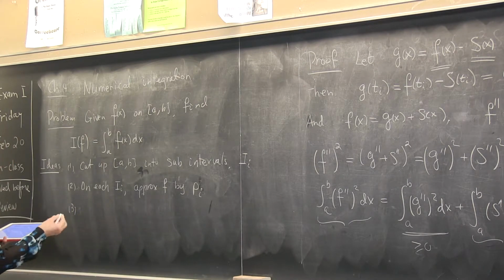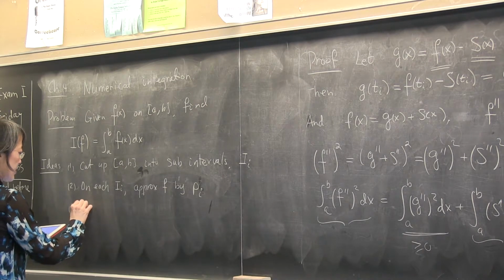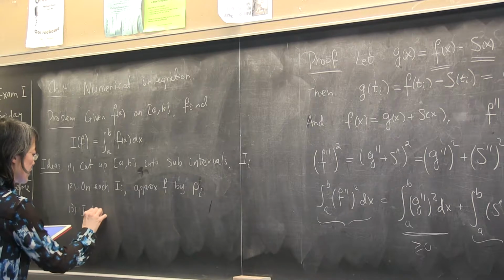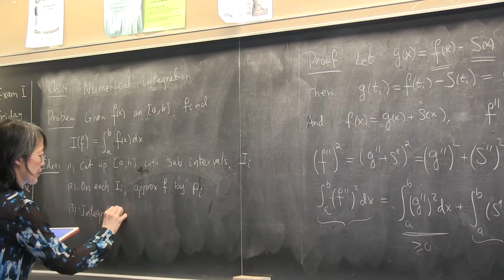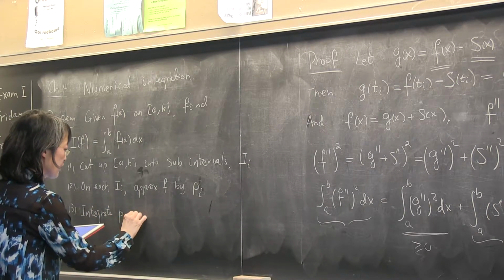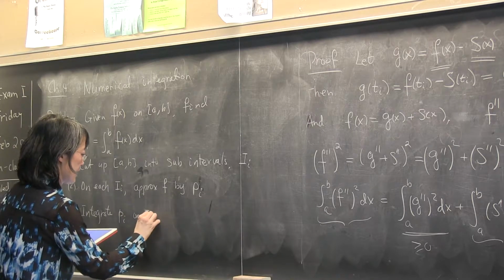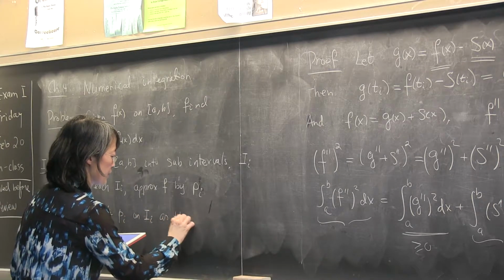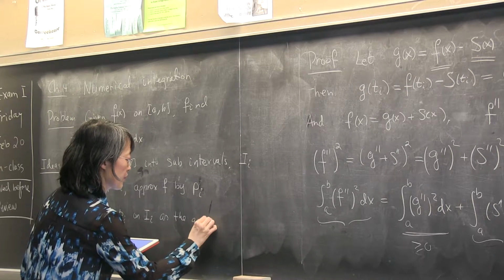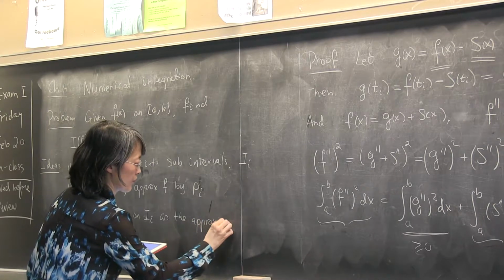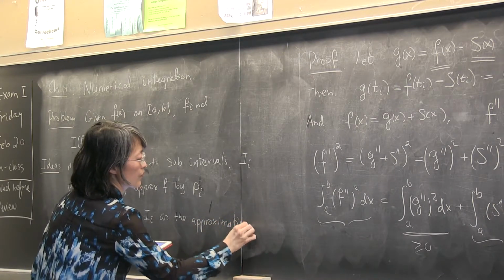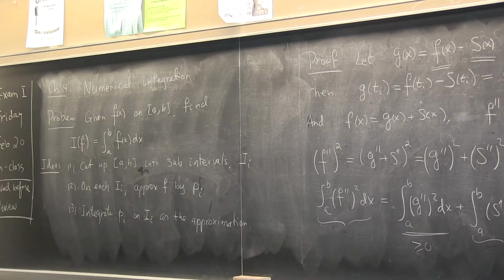And then integrate p_i on I_i as the approximation. Okay. Is it clear? It's a very simple idea, isn't it?